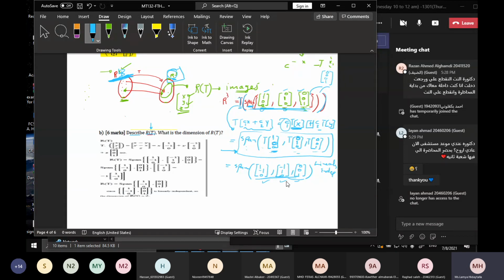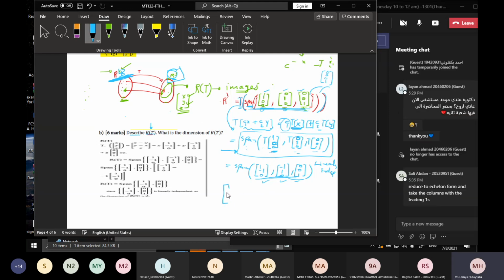To do this, it's easier to put them in a matrix: 1, minus 1, 0, minus 1, 1, 0, and then find the leading ones as we did before. We reduce to echelon form. This is 1, correct? I put the other 0.